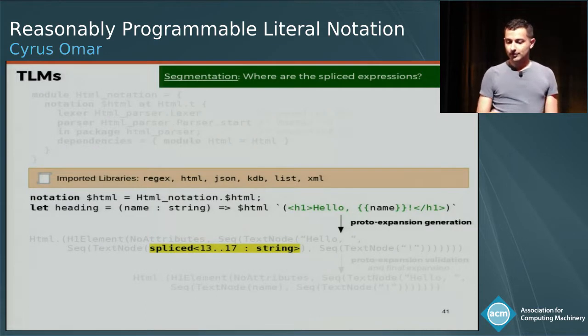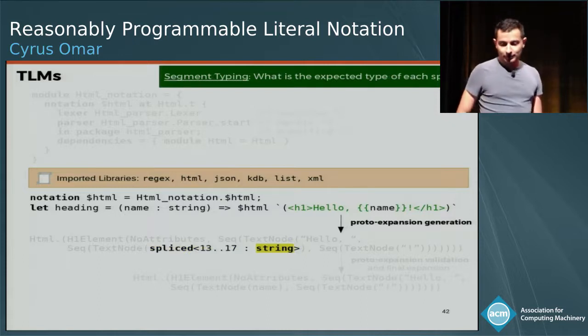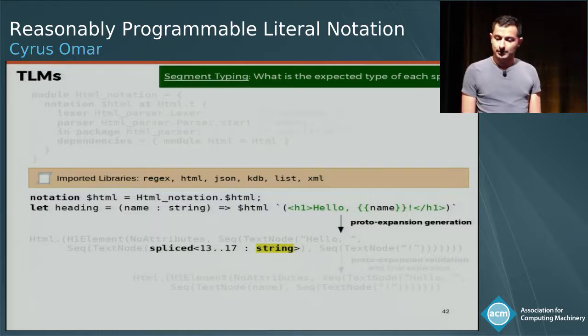So you need a little bit of help to be able to reason about segmentation, but by looking at the thing presented to you, you can reason about segmentation. And then segment typing, you might have noticed there's a type annotation on each segment that could also be communicated to you by just showing you that somehow in a pretty printer or in your editor.